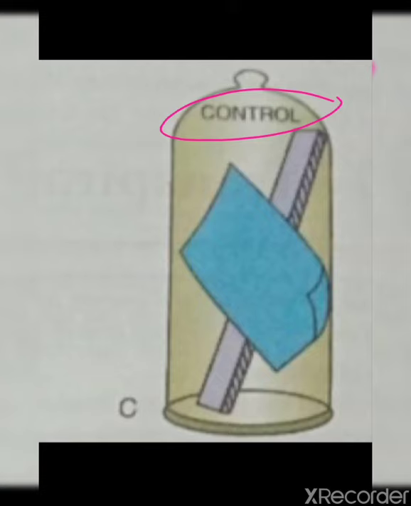Clear, class? You know that inside the bell jar there is no plant. If no plant, no transpiration, and if no transpiration, then no moisture. So if there is no moisture, then the cobalt chloride paper's blue color will not change into pink. It will be unchanged. A control setup controls for other factors.